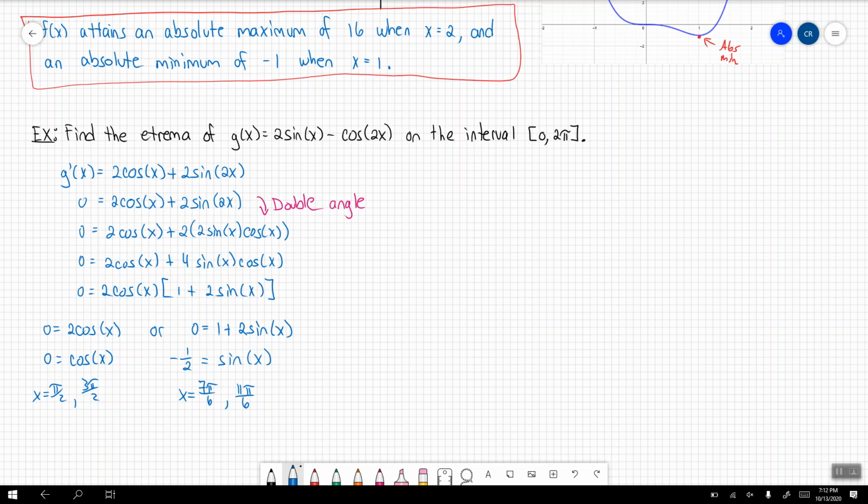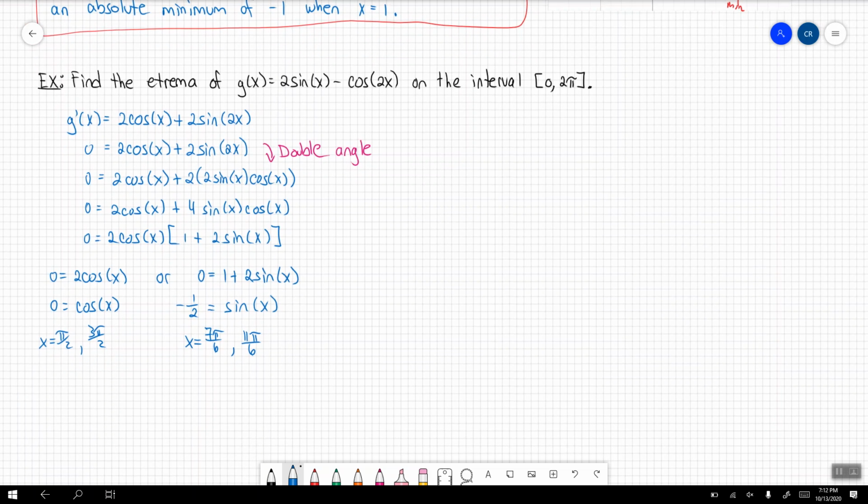So these are the critical numbers that we found on that given interval. These critical numbers are x equals pi/2, 7 pi/6, 3 pi/2, and 11 pi/6.